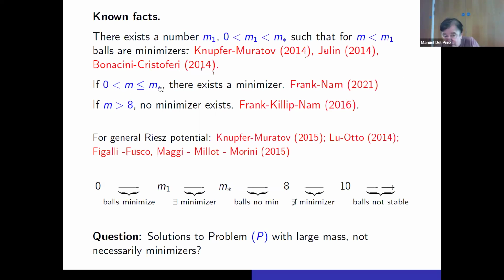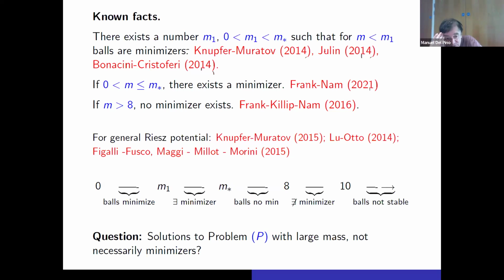If you are below this critical mass that I mentioned before, there are minimizers, but we cannot say that minimizers are balls. And you remember m star was approximately 3.51. They also proved that if m is bigger than 8, no minimizers exist. This was proven by Frank, Killip, and Nam in 2016. So this is what is known in this setting.